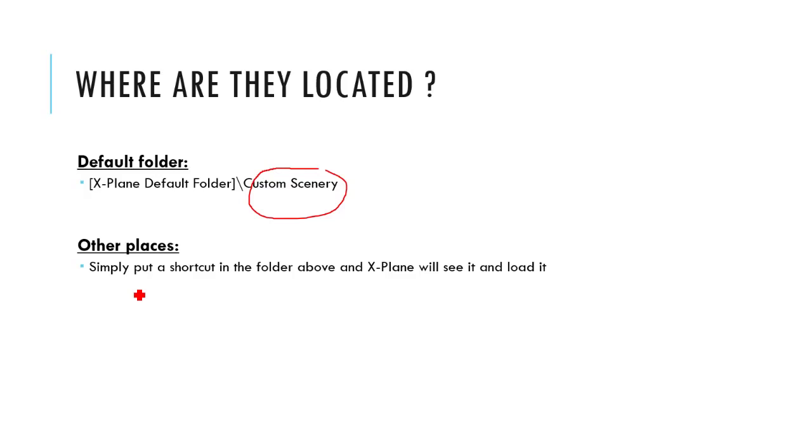You want them on another hard drive where you store all your sceneries, for example. This is the case for me. I have a separate mechanical hard drive where I put the sceneries that I don't use often. So for other places, simple enough.